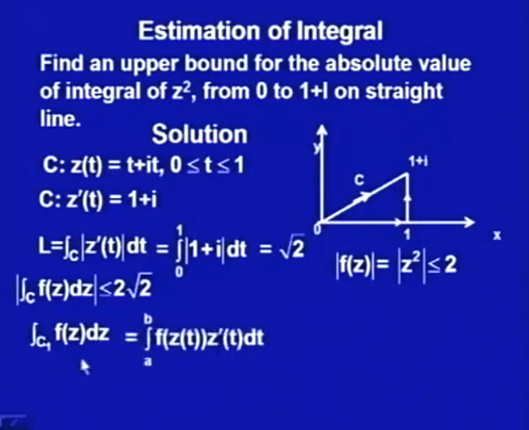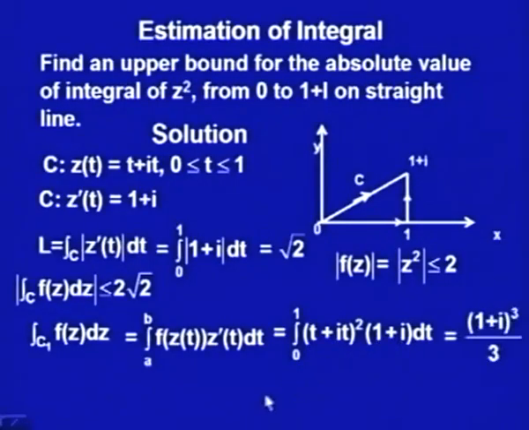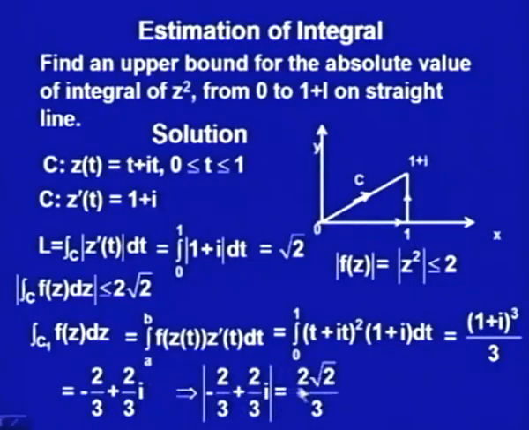If we evaluate it in the form f z t times z dash t, I would get 1 plus i cube times integral of t square dt, that is 1 plus i cube by 3, which is minus 2 by 3 plus 2 by 3 i. Its absolute value is nothing but 2 root 2 by 3, which is indeed smaller than 2 root 2. So this is what we have established.